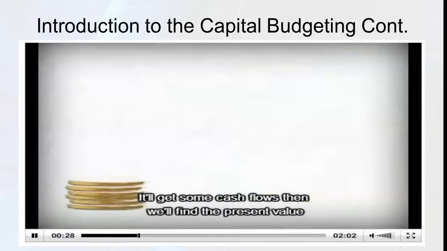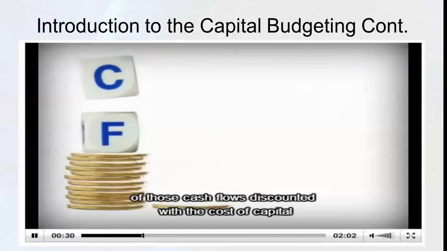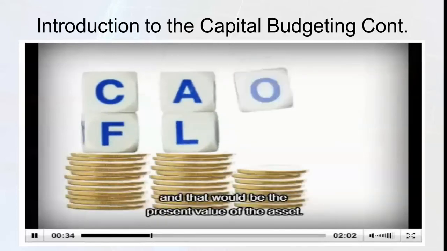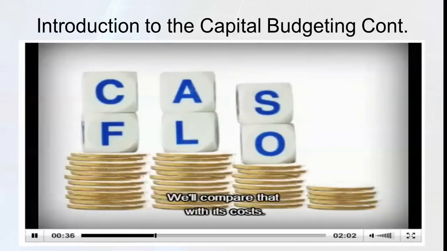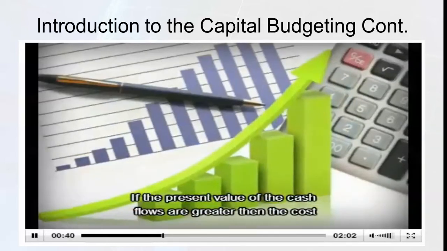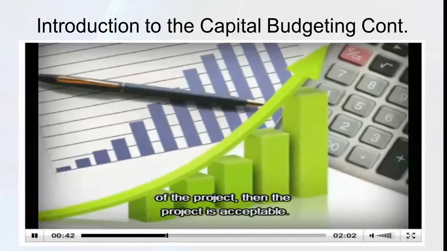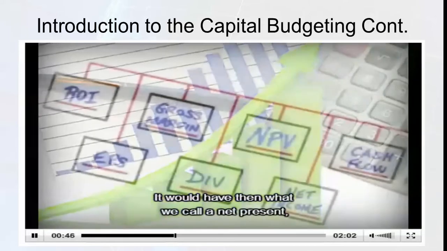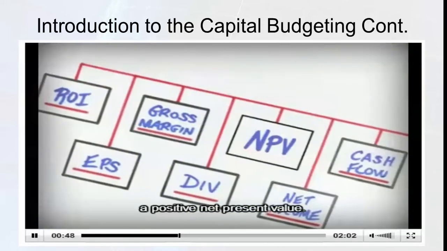Then we'll find the present value of those cash flows, discounted at the cost of capital, and that would be the present value of the asset. We'll compare that with its cost. If the present value of the cash flows is greater than the cost of the project, then the project is acceptable. It would have then what we call a positive net present value.